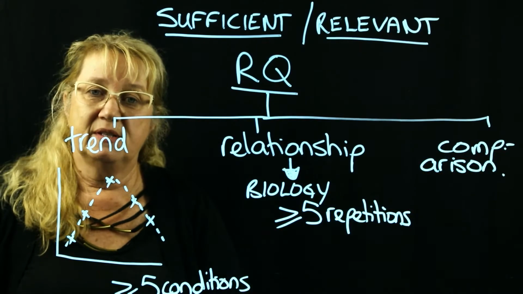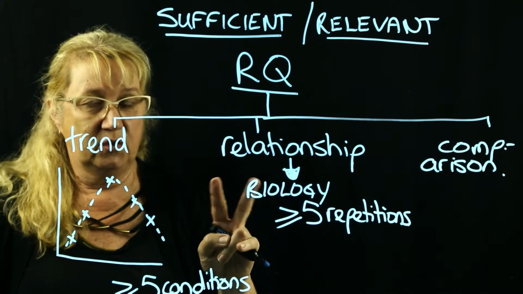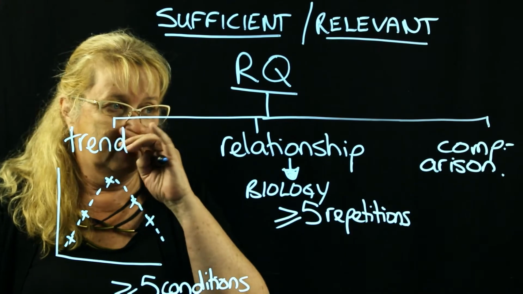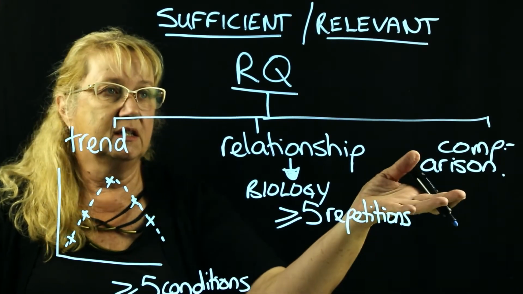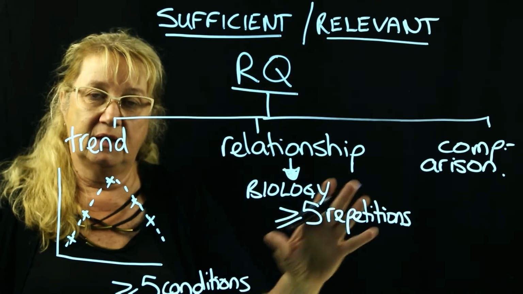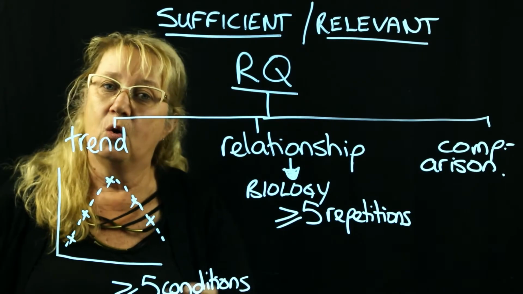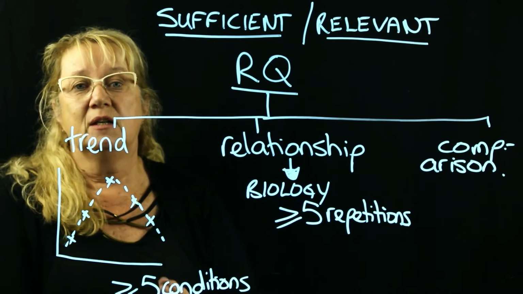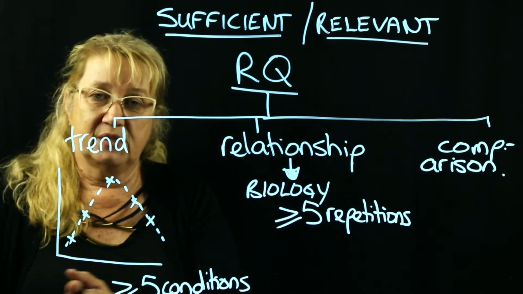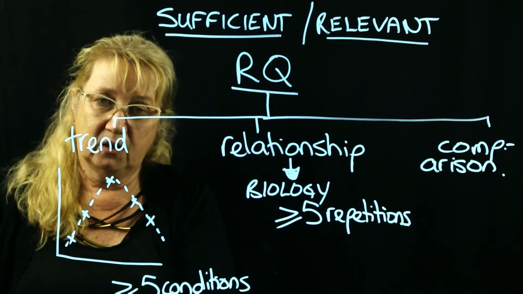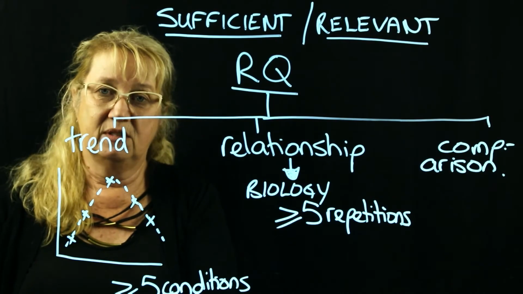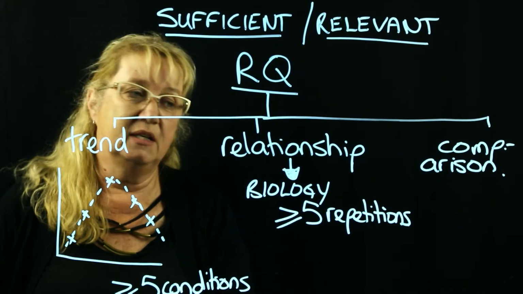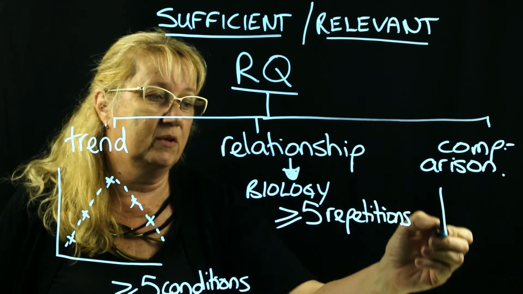If you've got a comparison, you're comparing 2 things, maybe 3 things. In the example that we've based this scenario on, we might want to compare the change in blood pressure in boys who are 16 or 17 years old and girls who are 16 or 17 years old after 10 minutes of aerobic exercise, for instance.